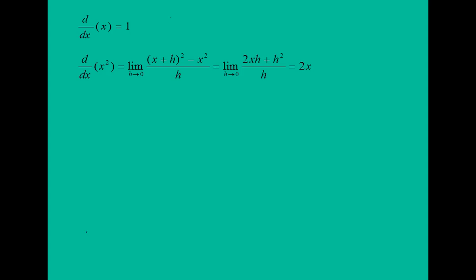We would have f prime of x equals f of x plus h minus f of x divided by h, and we would take the limit as h goes to 0. So that's what we are doing right here.